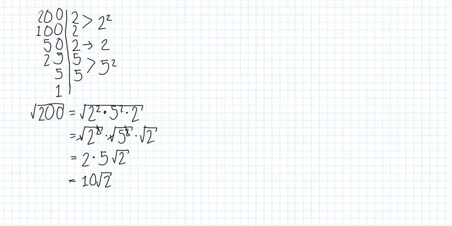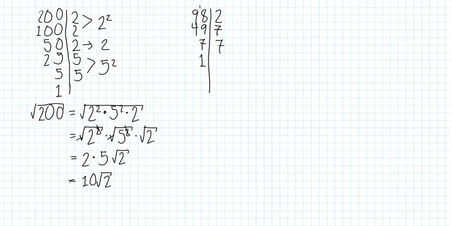Apart, we write 98 and we start to factorize. 98 has the half, that is 49, and later 49 is divisible by 7, that is 7, and 7 is divisible by 7, that is 1.